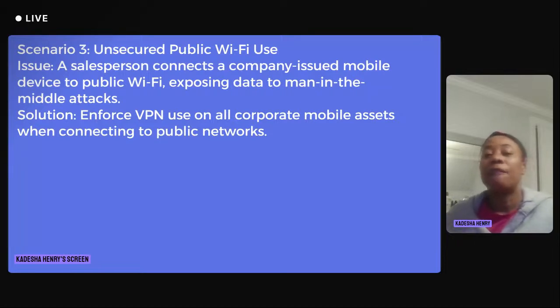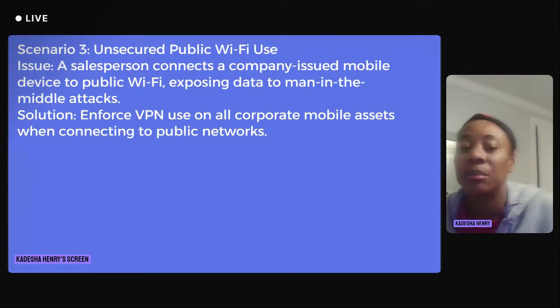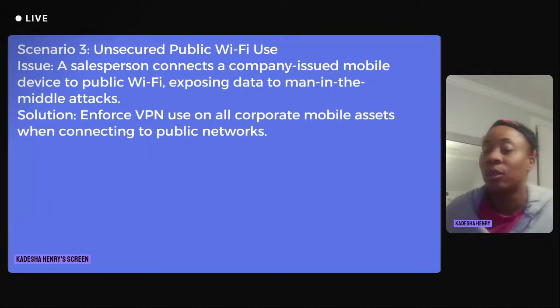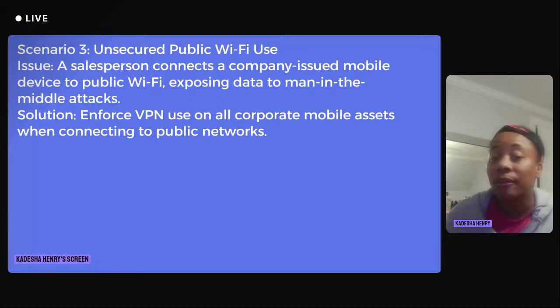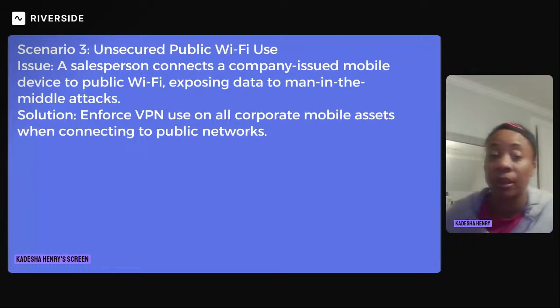Unsecure public Wi-Fi use. A salesperson connecting a company-issued mobile device to a public Wi-Fi, exposing data to man-in-the-middle attack. Right? So you went to the airport or somewhere, some coffee shop, and you connect the company's mobile phone to the public Wi-Fi.